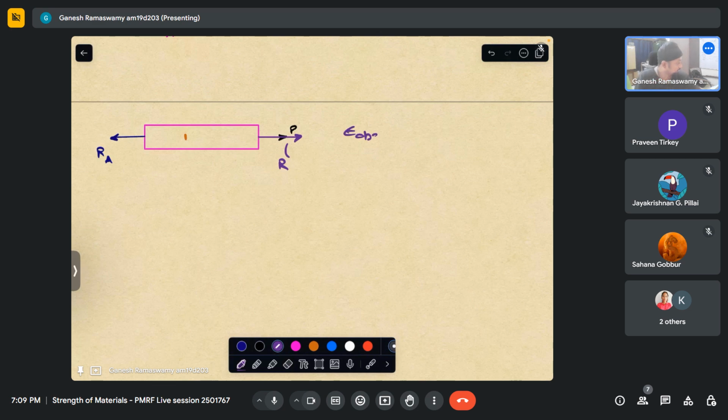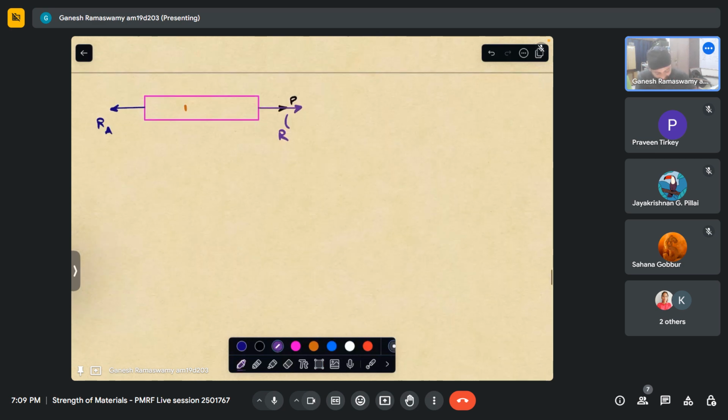Now, the observable strain here will be mechanical strain plus the thermal strain. So let us see under the action of this force how this will deform. Or rather, this will have a total deformation.